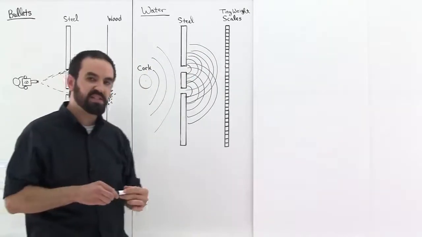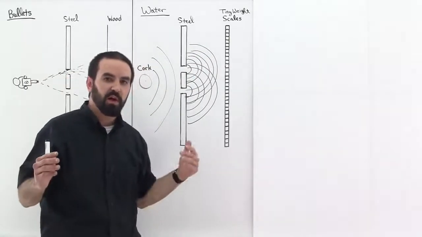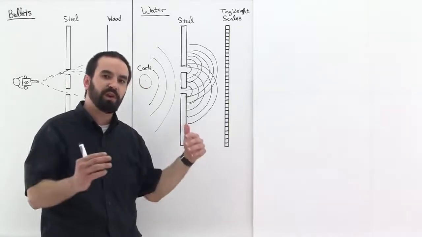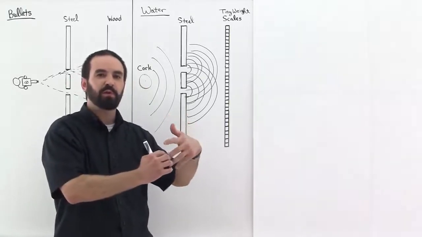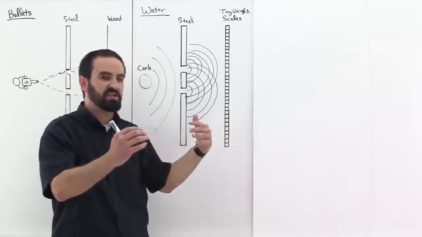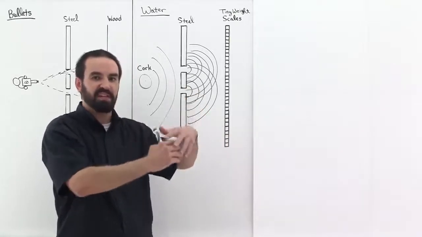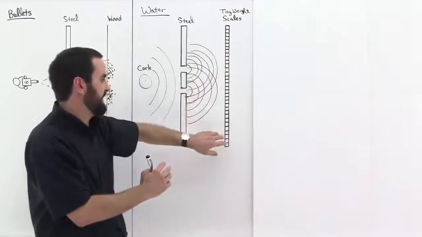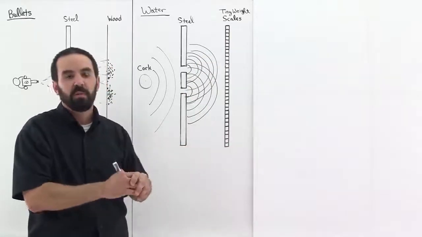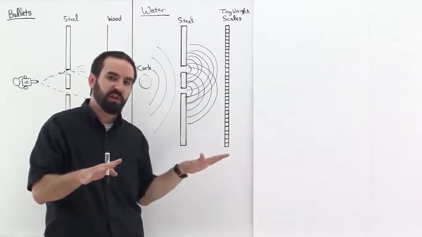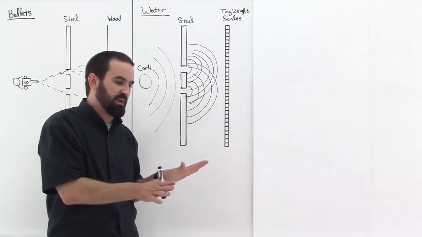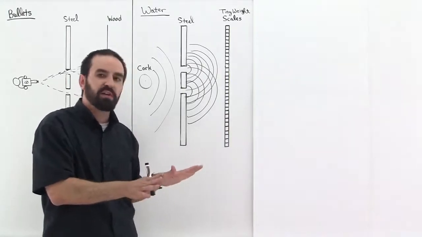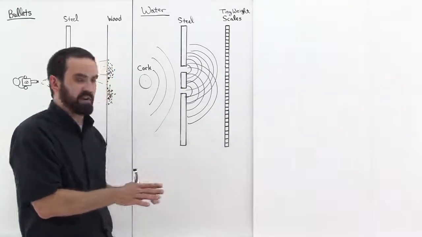Where the crest from one source coincides with the crest from another source, we get what we call constructive interference, because these two crests come together to add up and give a larger amount of water arriving at this backdrop. But where the trough from one source coincides with the trough from another source, we'll have a very small amount of water arriving at the backdrop.